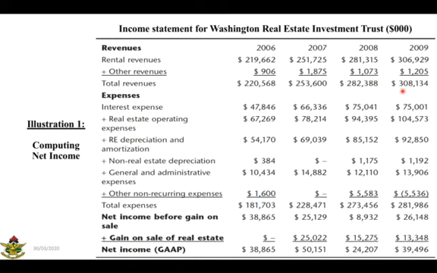Expenses total $208.986 million in 2009. And the difference between revenues and expenses, which is net income before gain on sale, is $26.148 million.